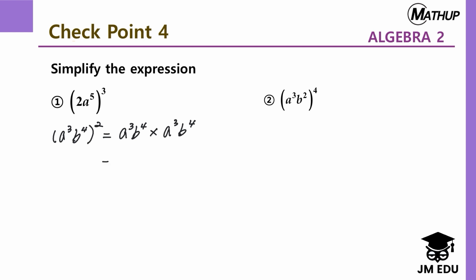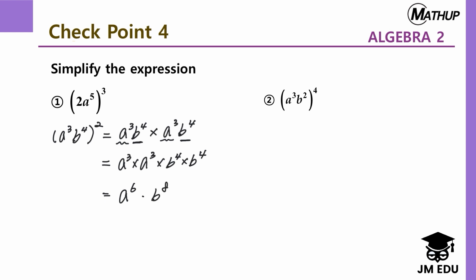We have a cubed times a cubed, same bases, and b to the 4 times b to the 4, same bases. So we can add the exponents: a to the 3 plus 3, 6, and b to the 4 plus 4, 8.